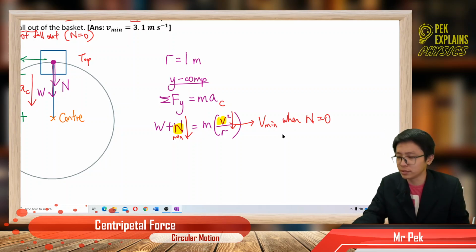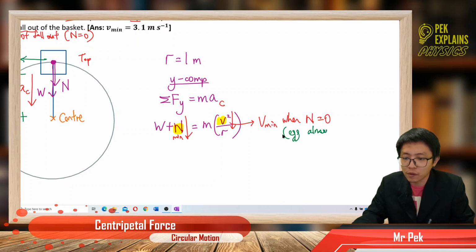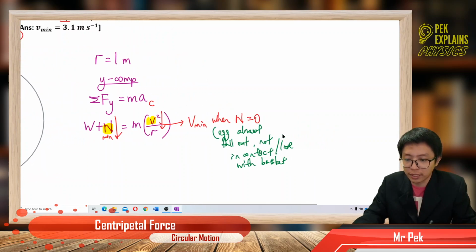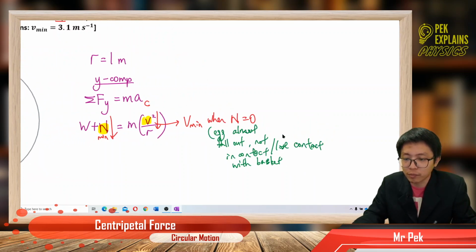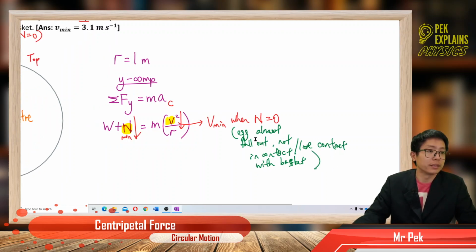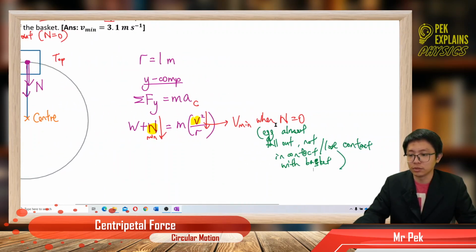When the normal force equals 0, that means the egg almost falls out. It is not in contact with the basket, or we can say it loses contact from the basket. Normal force 0, almost.